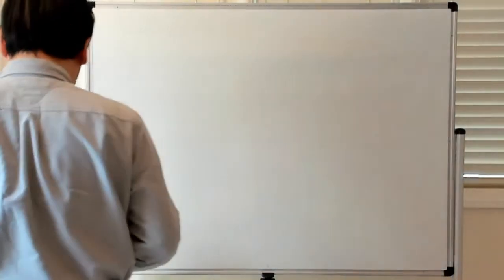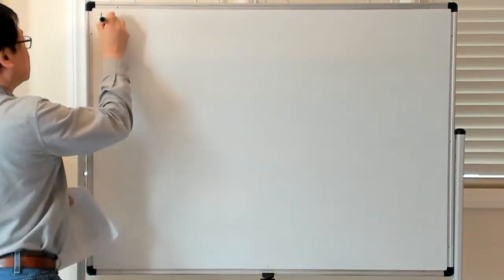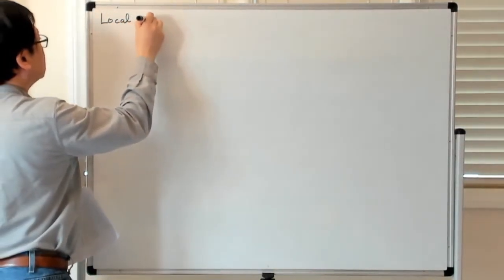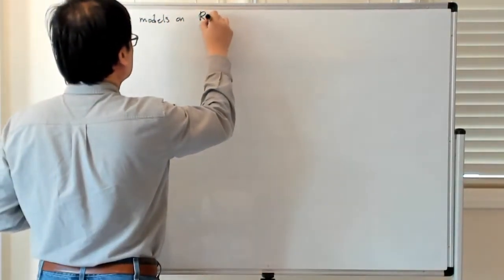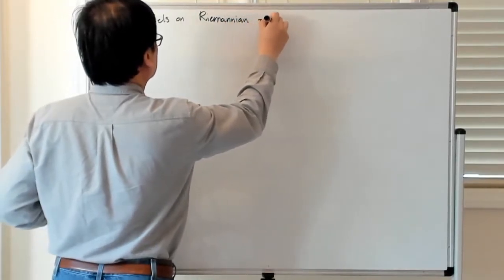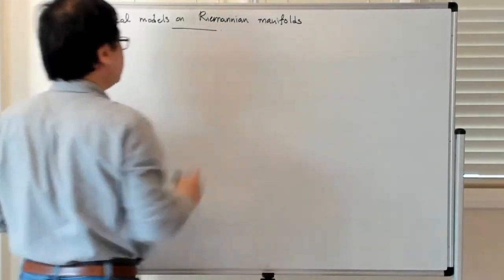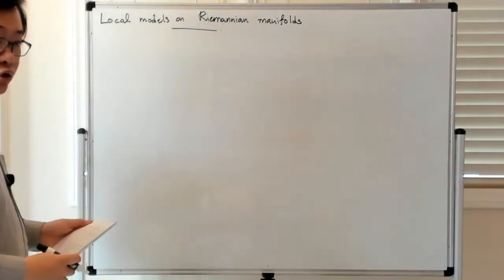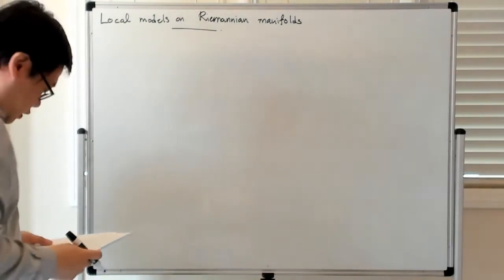Okay, so let's continue talking about local models on Riemannian manifolds. So we're going to try to construct a quadratic model on a Riemannian manifold through the use of a retraction.